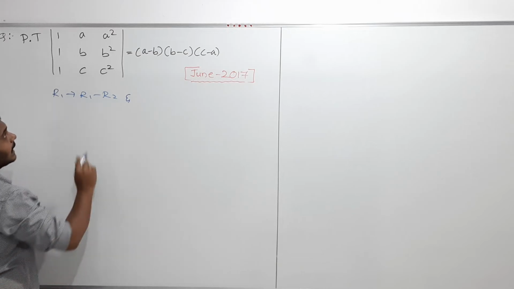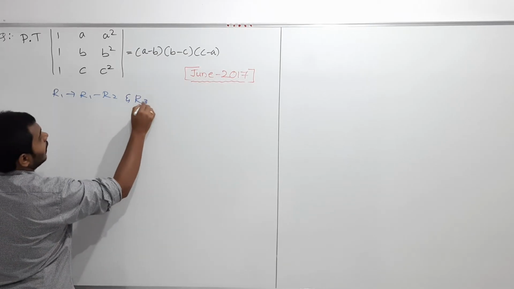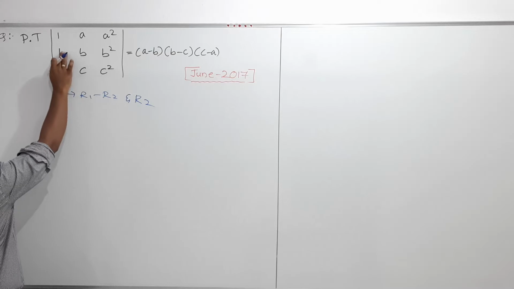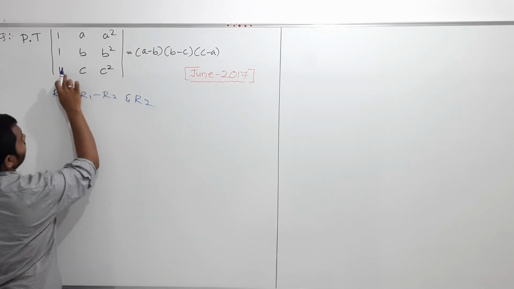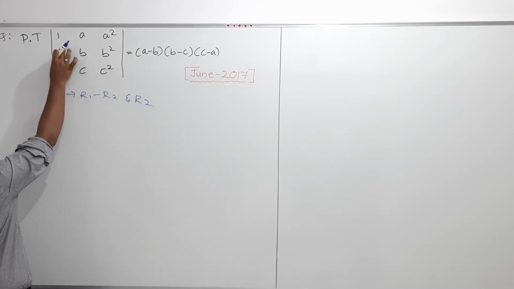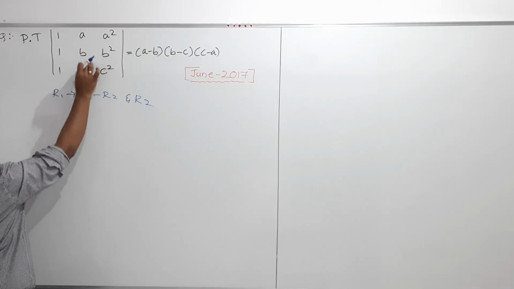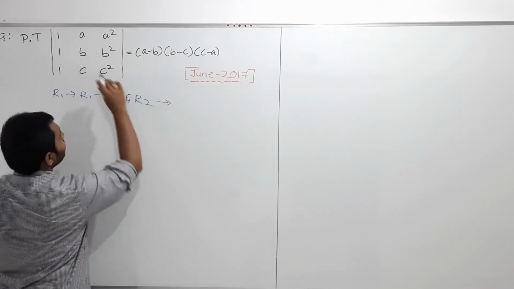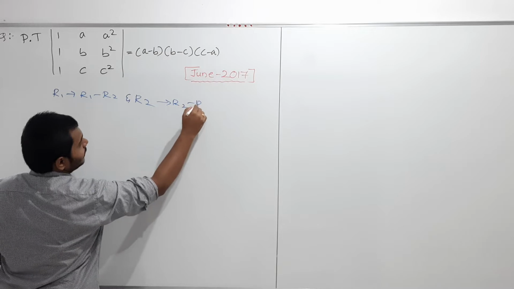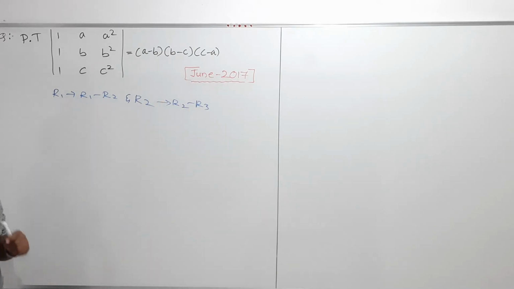Then this element becomes 0: 1 minus 1 is 0, and I also get a minus b. So I apply R1 changes to R1 minus R2. Another operation I will apply is R2 changes to R2 minus R3, because here also 1 minus 1 becomes 0 and you will get b minus c in this place.